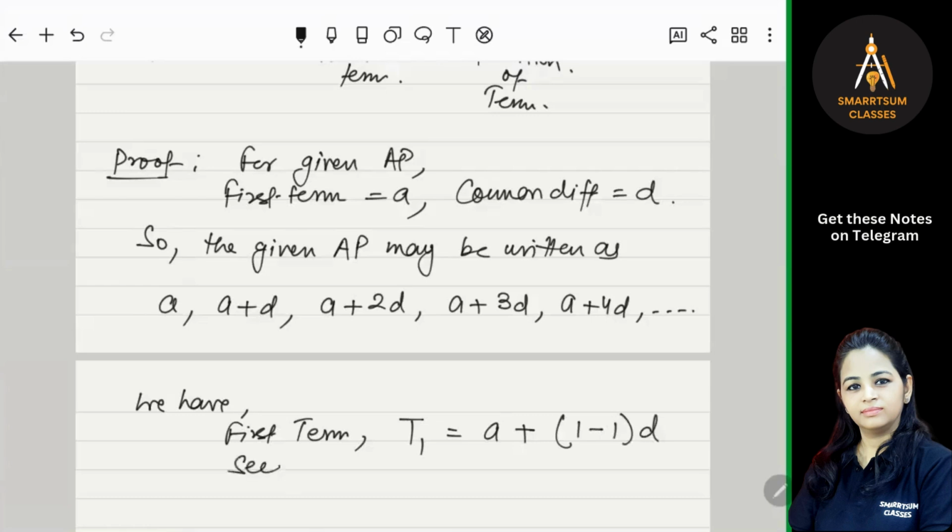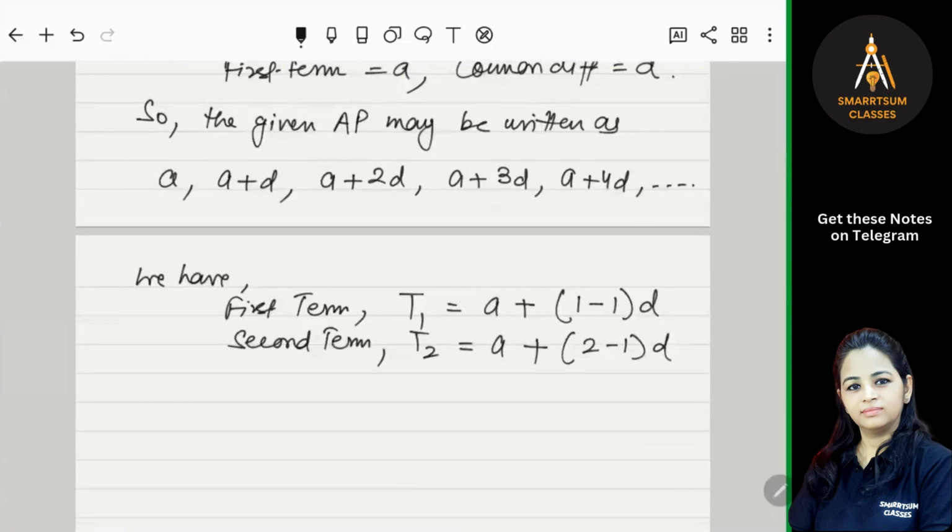Then the second term, T2, is A plus D, which can be written as A plus 2 minus 1 into D. Similarly, the third term, T3, is A plus 2D, which can be written as A plus 3 minus 1 into D. Everybody getting my point?